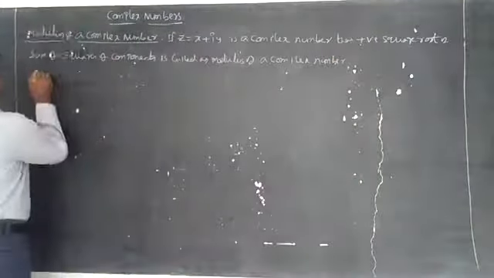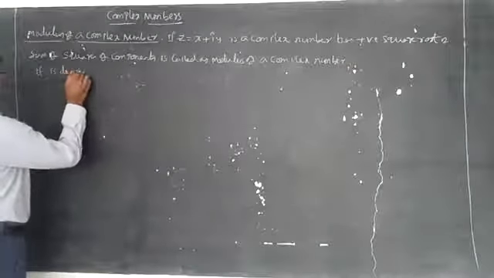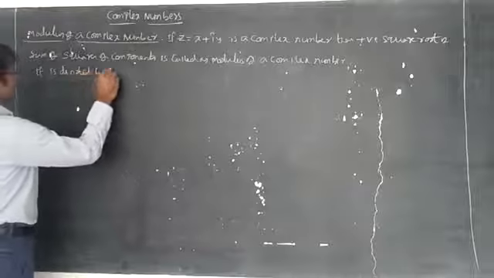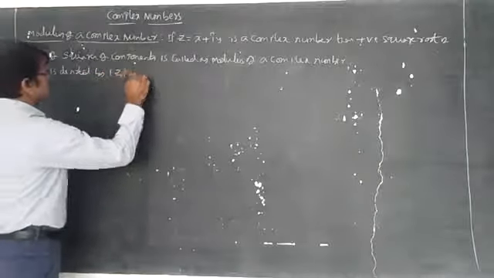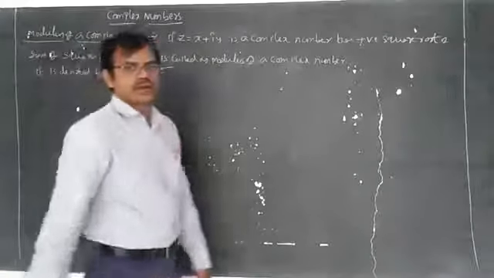It is denoted by mod z is equal to root of x square plus y square.